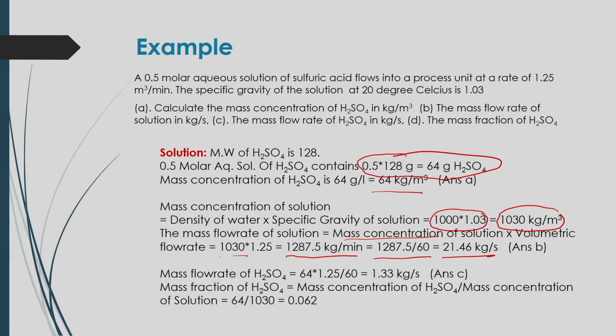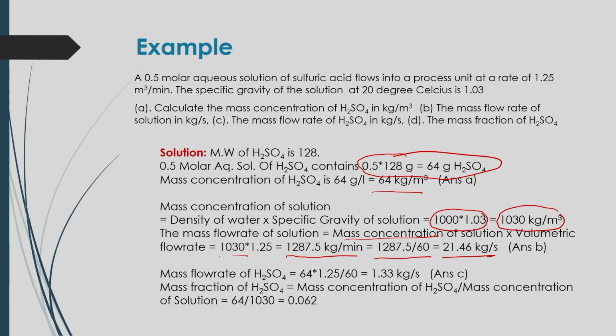Now, the next question is: what is the mass flow rate of sulfuric acid in kg per second? You know that there is only 0.5 molar concentration of sulfuric acid in the solution, so you have to know the exact amount of sulfuric acid in the solution.